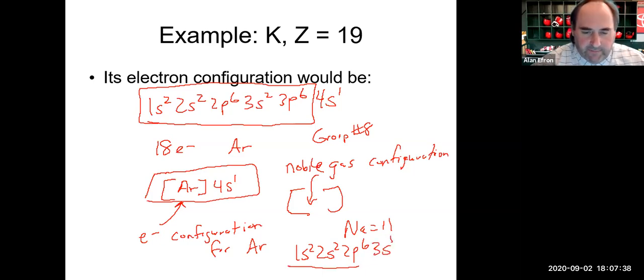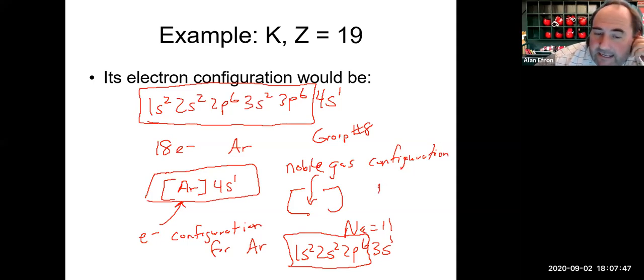If we take this part of the configuration through here, that is 10 electrons. Again, if you go to the periodic table, number 10 is neon. So the way we could write this is neon in brackets and continue on with 3s1. So again, that would be the noble gas configuration.